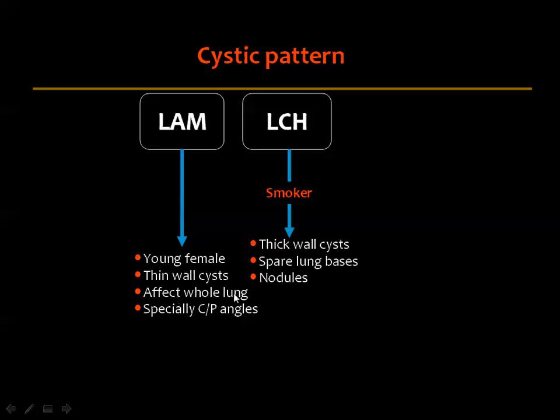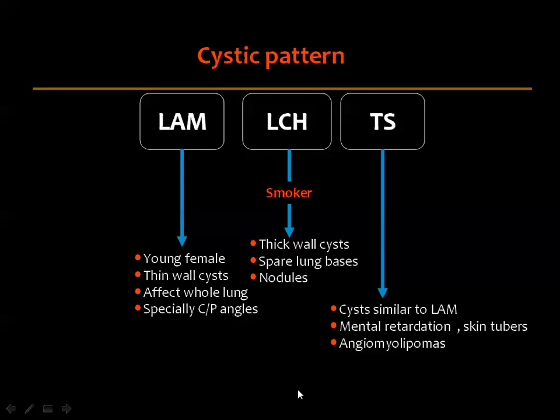They affect the whole lung, especially the costophrenic angles. Patients with tuberous sclerosis have cysts similar to lymphangioleiomyomatosis, especially in female patients. They may have mental retardation and the skin tumors of tuberous sclerosis, and of course, angiomyolipomas in the kidneys and other parts of the abdomen.